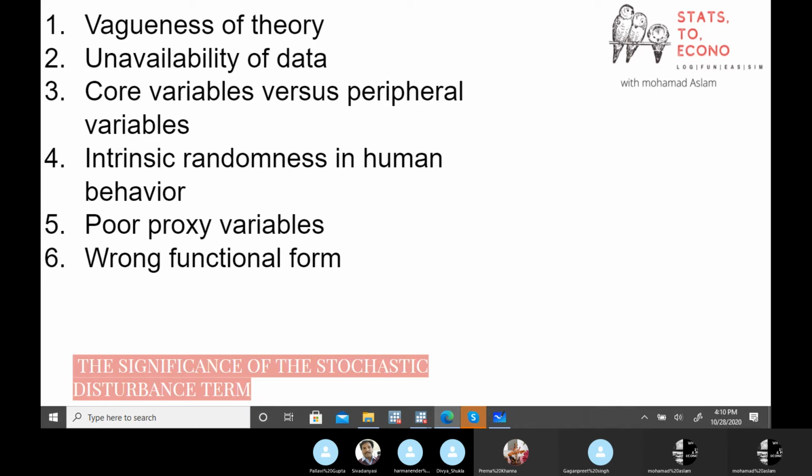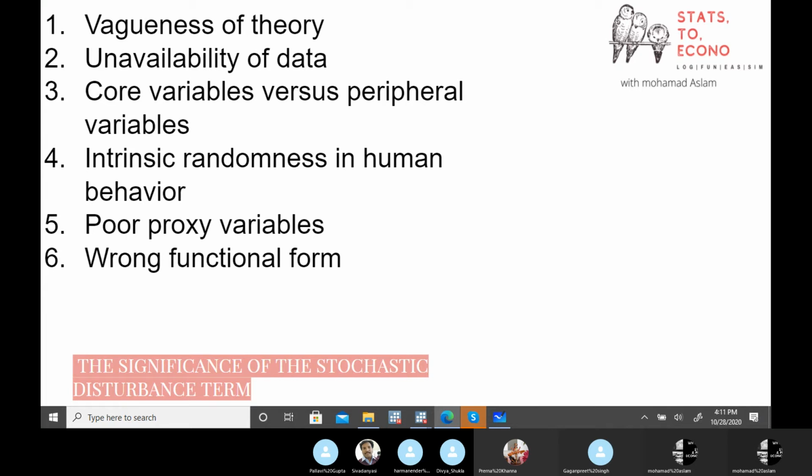What is the role of the stochastic disturbance term? Indirectly, I can say we are estimating based upon its value, U hat value, not the actual values, but this is theoretical. The actual thing is that first we estimate the parameters in the sample, and then if we subtract y hat from y, then only we can get u hat.